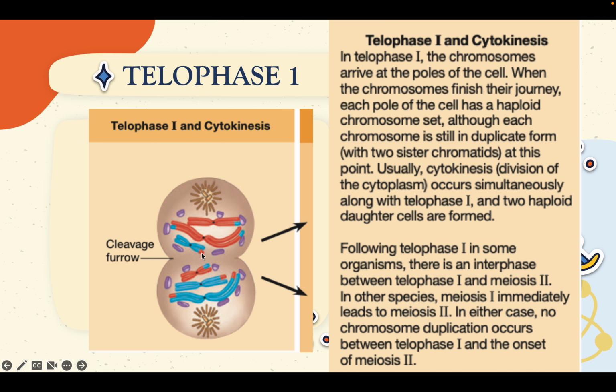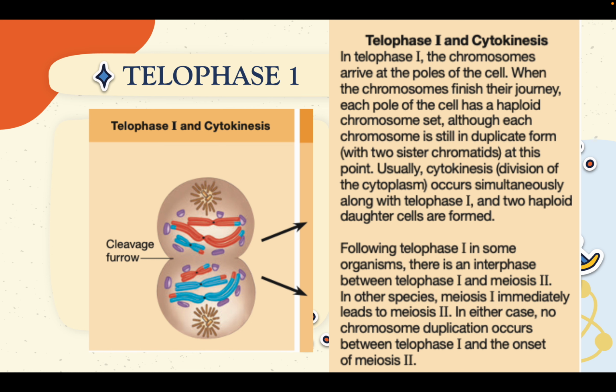Lahi-lahi siya, oh. Color. Okay? Different combinations. They are not the same. At the same time as telophase 1, the cell starts to split up into smaller cells, and this process is called cytokinesis.